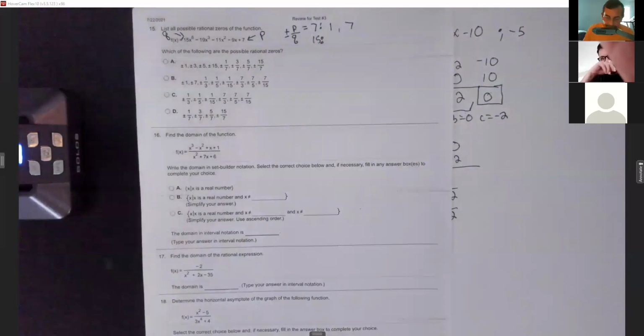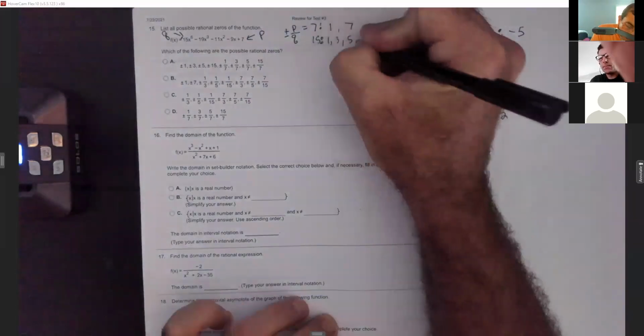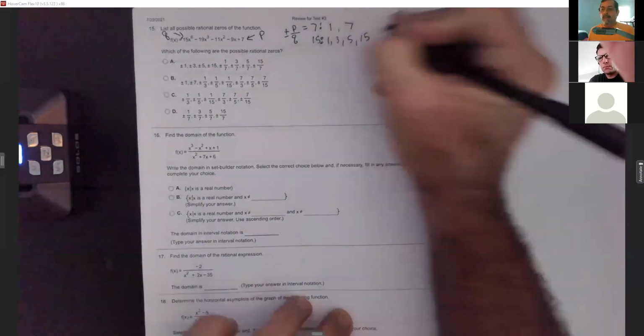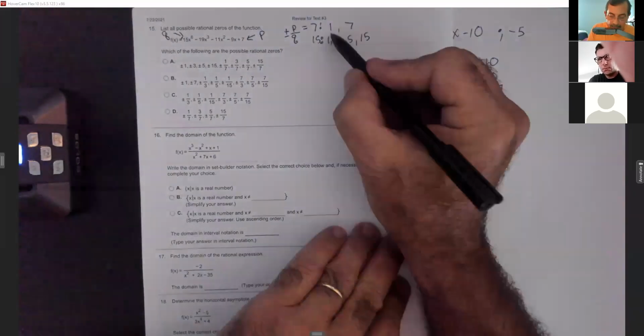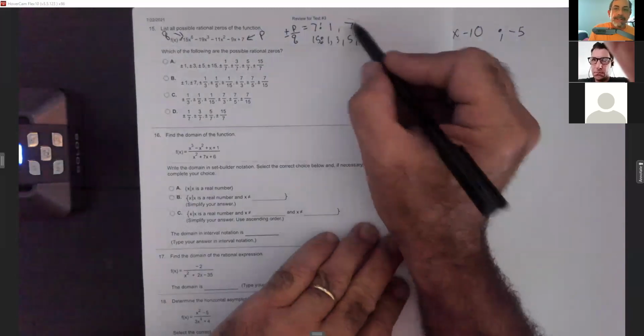So the factors of 15 would be 1, 3, 5, and 15. So we need to find all the combinations of 1 divided by all these numbers and 7 divided by all these numbers.